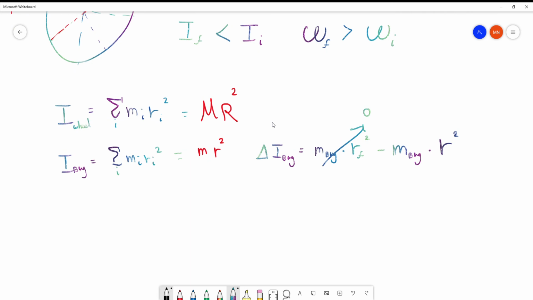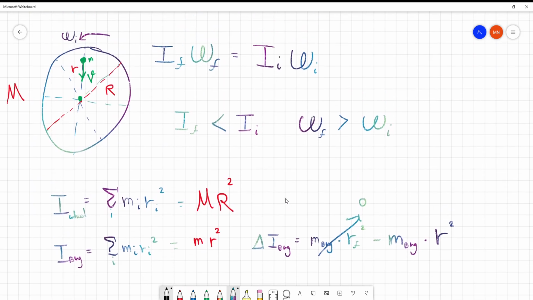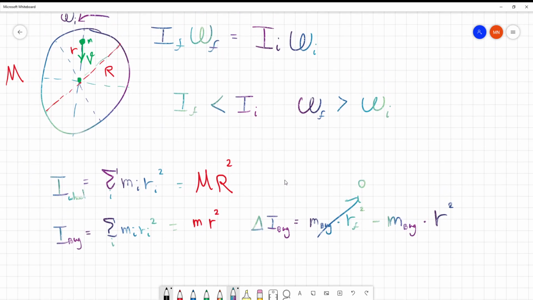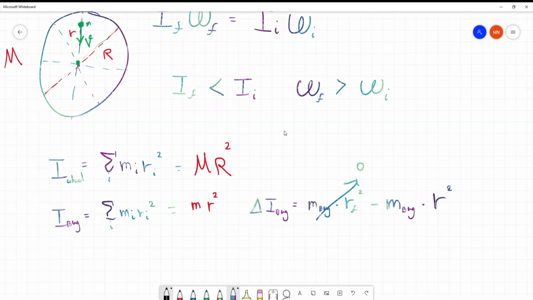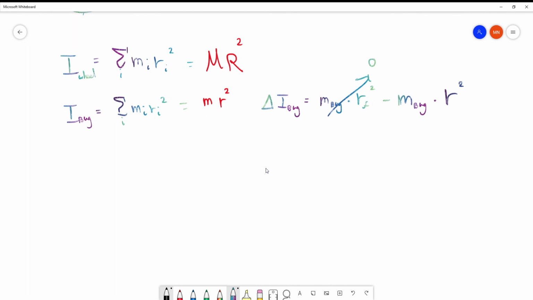So this is cool. What can we do with it? I'm going to substitute it into our initial conservation equation, I_F omega_F equals I_I omega_I, and let's see what we get. Omega_F was what the question asked about, the angular velocity.